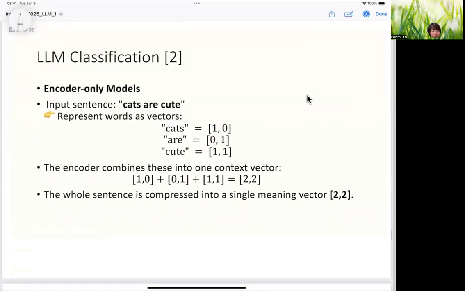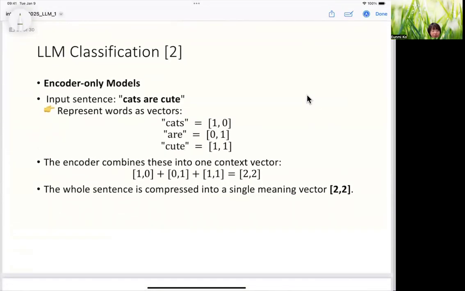All right, so let me give you an example of encoder-only models. Suppose the input sentence is "cats are cute," then let's represent each word as a vector. Let's say cats equals 1 and 0, are equals 0 and 1, and cute equals 1 and 1.